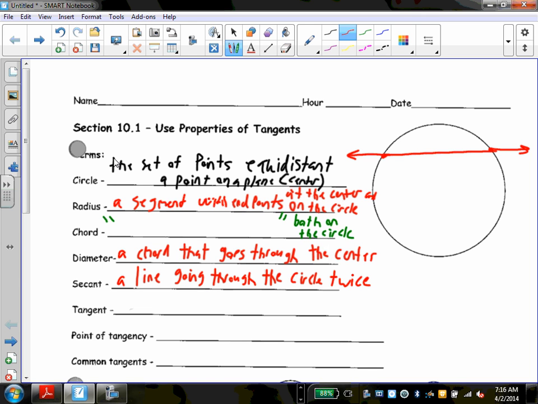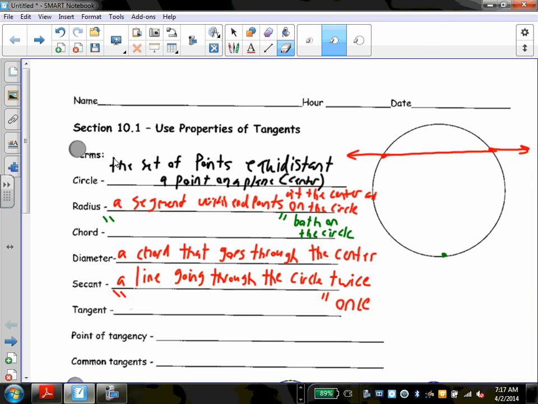A tangent is almost the same thing, well, at least definition-wise. It's a line that goes through the circle once. And you may be wondering how exactly that happens. Well, what that means is that, let's say we choose this point here, there's going to be a line that if we draw it just right, which I did not quite do there, let me try one more time.